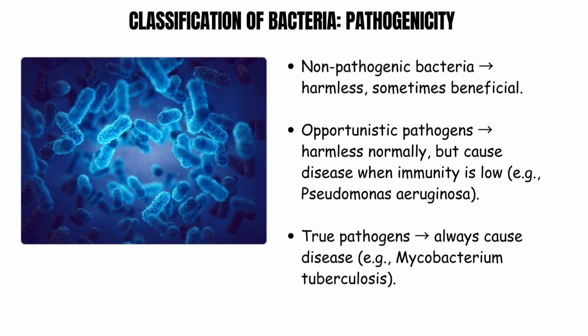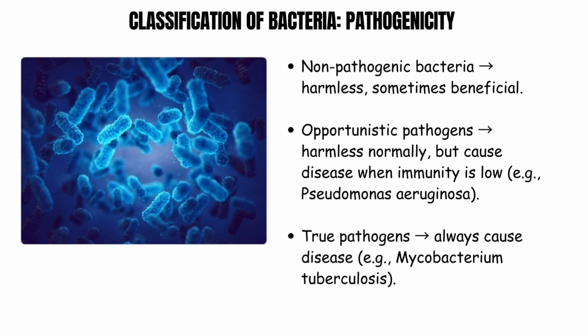We have the opportunistic pathogens, which are harmless but can cause disease when the immunity is low. If for example, someone is diagnosed with HIV, this bacteria can actually cause serious infection. An example is Pseudomonas aeruginosa. Don't mind my pronunciation, guys.